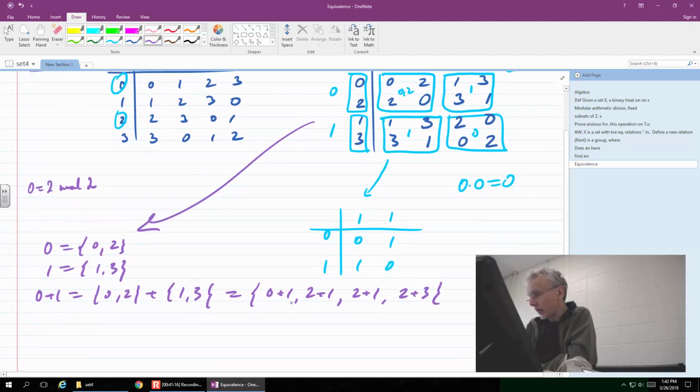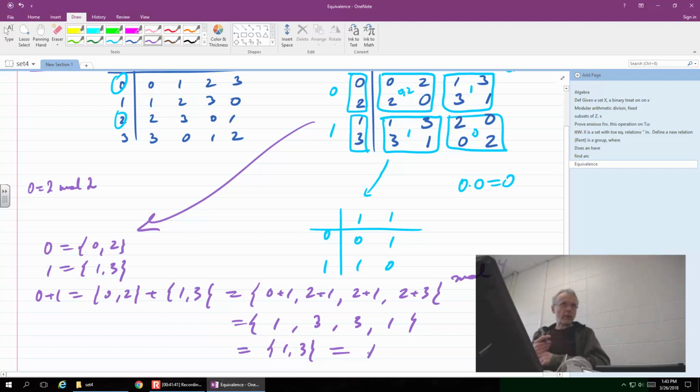Okay, what are these? All of this is addition mod 4, right? Because everything is happening in Z4, so whatever we're dealing with is mod 4, so it will be 1, 3, 3, and 1. Or in other words, since it is a set, we are not allowed any repetition, so it's 1, 3, which is 1. Okay? So you can carry out that with the rest of them.